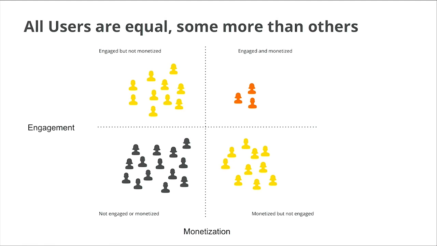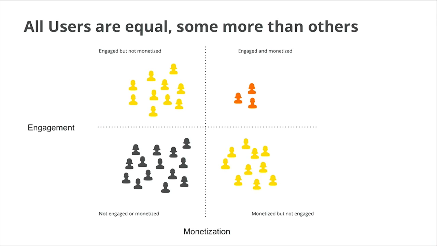Now, it's pretty obvious from this that the point of your game, and of any business really, is to get as many people into the top right quadrant as possible. Especially in the context of your game, that means having highly engaged users who monetize, who find it worth their while to spend money to get some value out of the game. The folks on the top left are the guys and gals who are engaged, and who you could nurture a little bit to try and move them into the right quadrant.